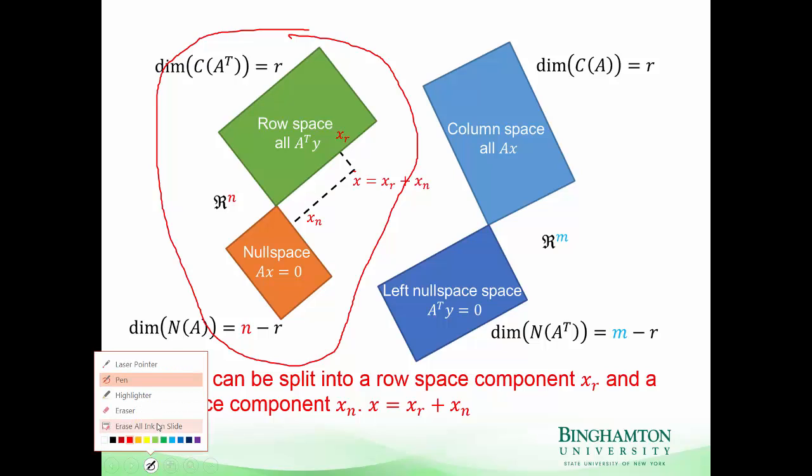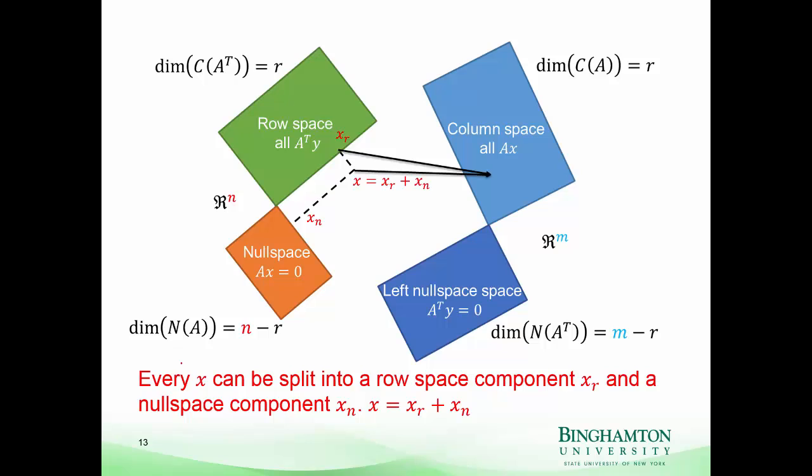Let's talk about this a little bit farther. So what ends up happening? This is kind of cool. We do Ax. So A operates on this x. And where does it go? Well, we'll say that it goes into some b. And that b must be in the column space because that's the only thing that we can map an x to.